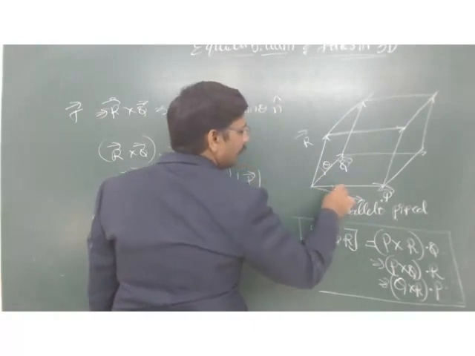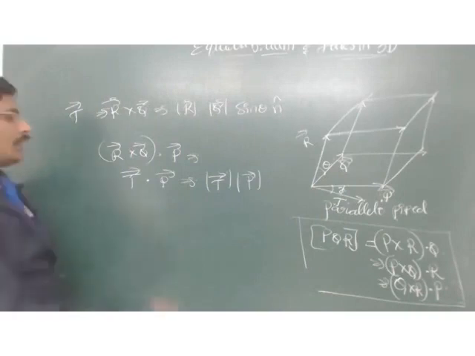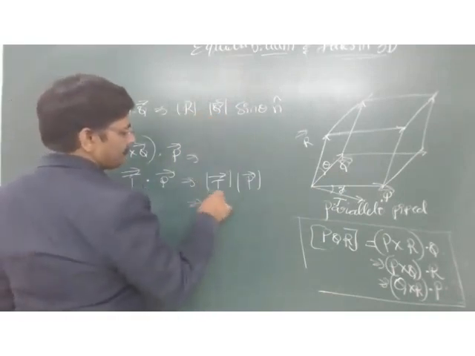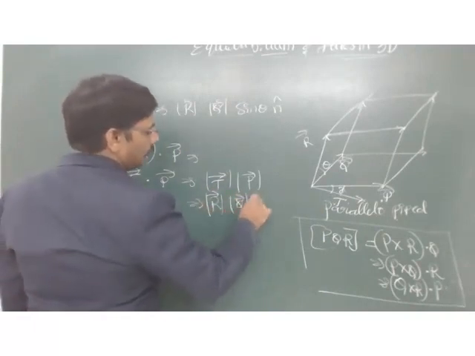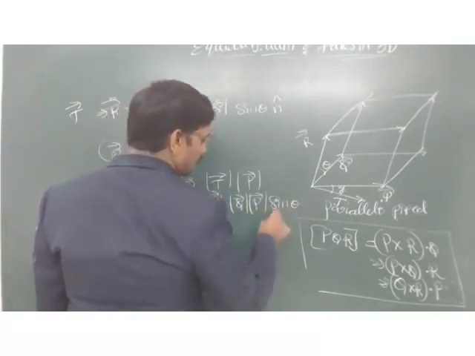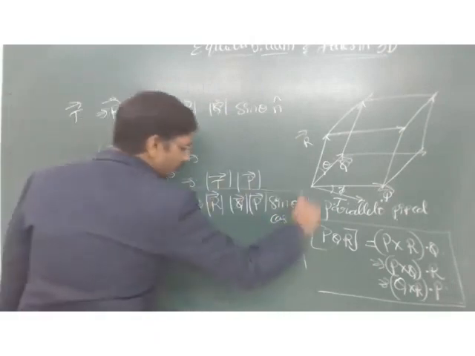Then there will be an angle between these two, phi, let us say. Now mod T is nothing but R into Q into sin theta, so the result is R into Q into P into sin theta into cos phi. So this is going to be a scalar value.